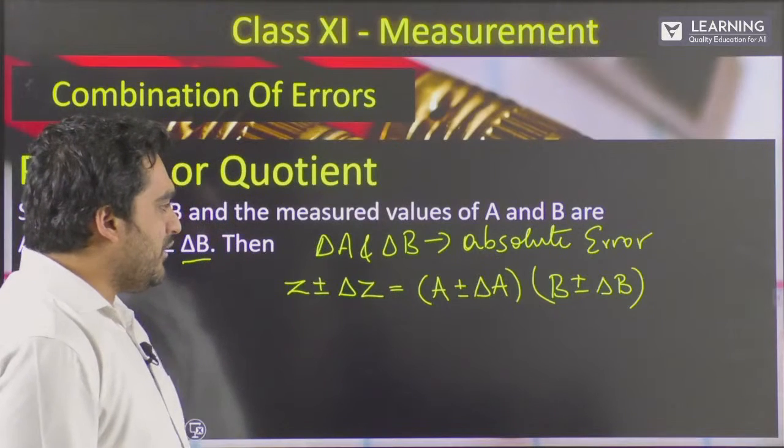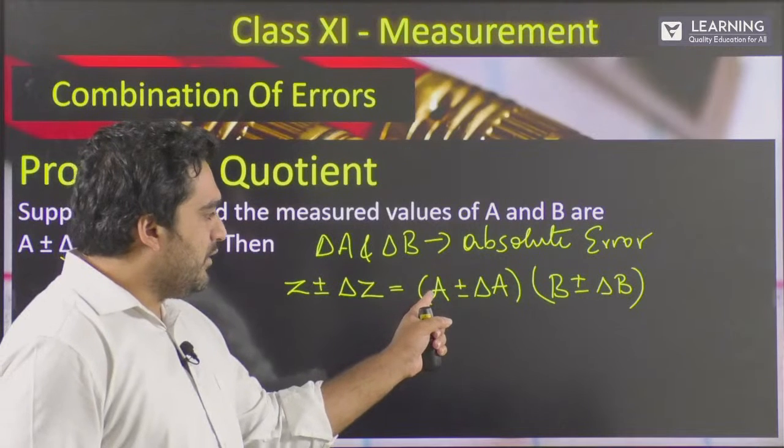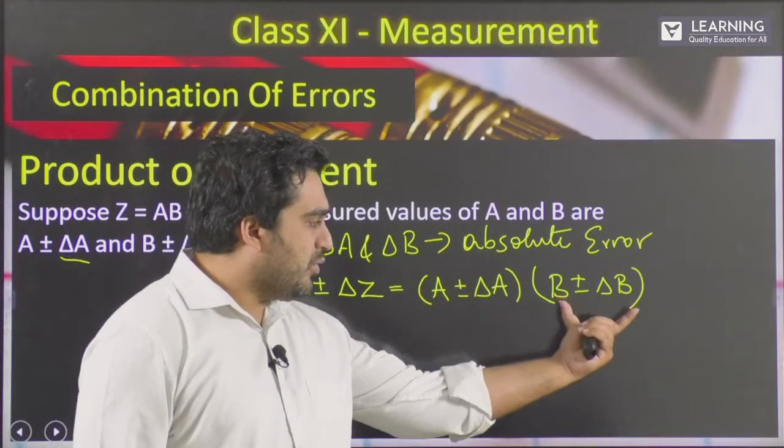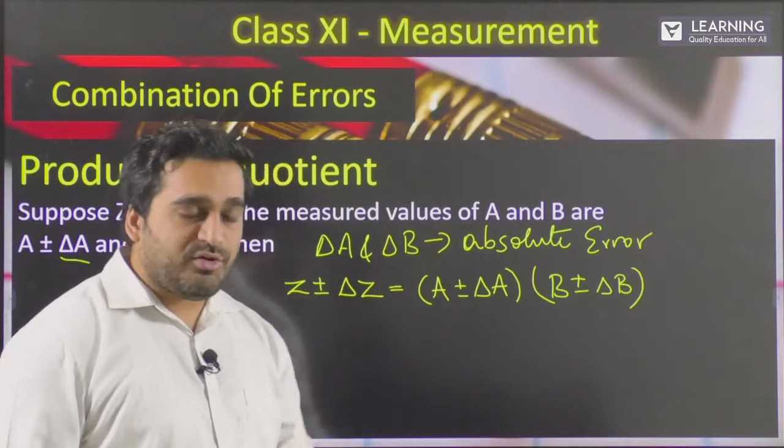Okay. Now that we have this, we multiply the two quantities within the brackets by using the distributive property.